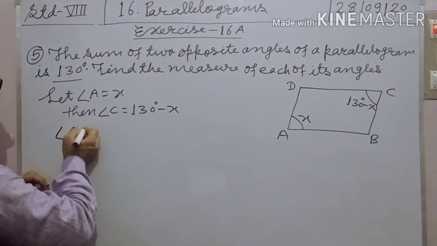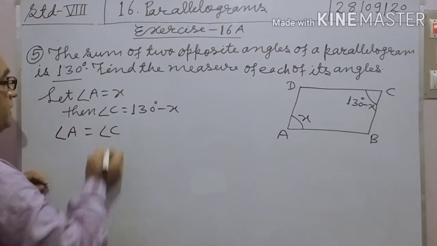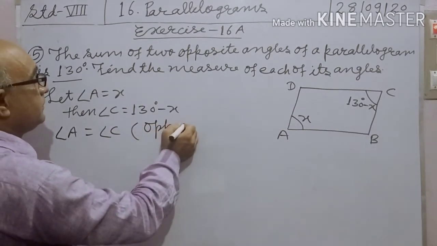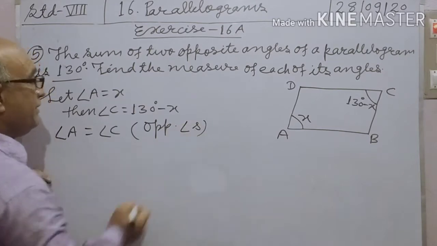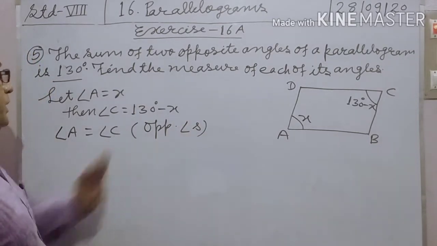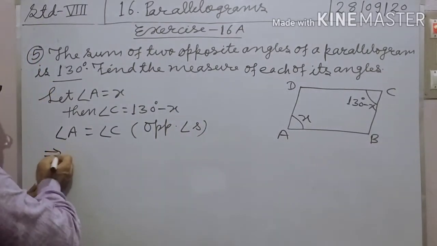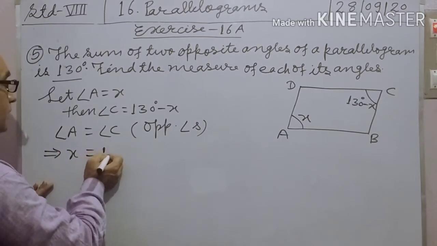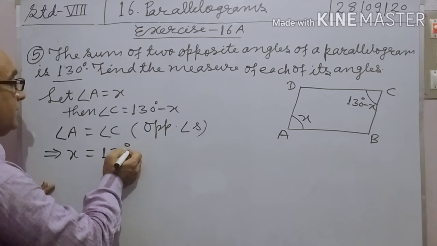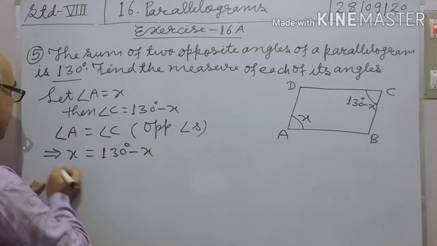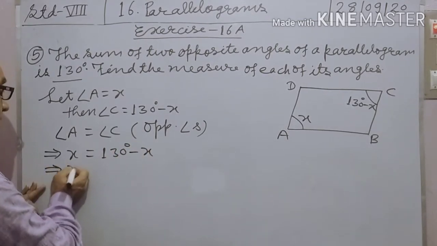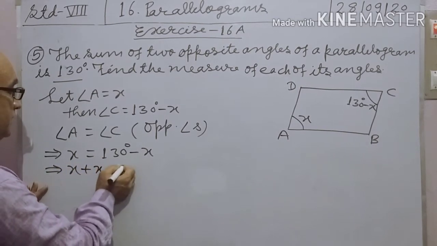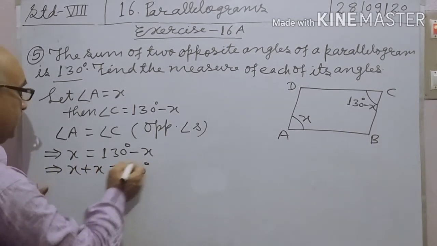Angle A equal to angle C. That implies angle A equal to X, and the other angle equal to 130 degrees minus X. That implies X, minus X by transposition changes into plus X, equal to 130 degrees.